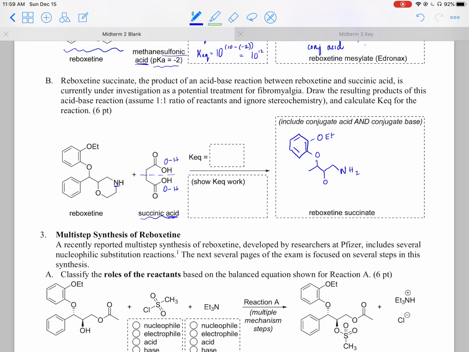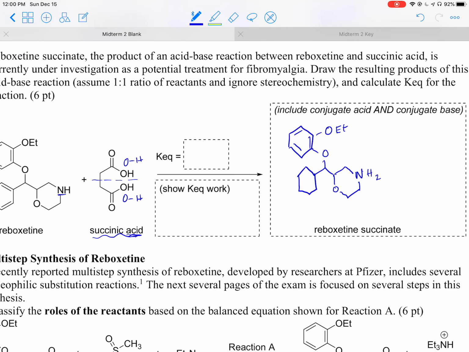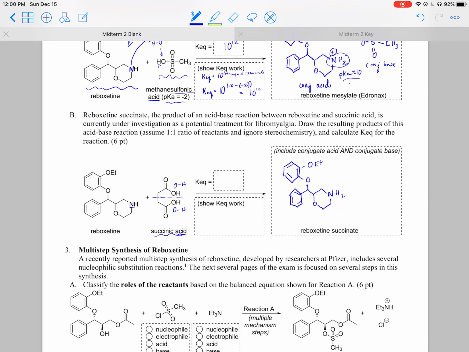H2 instead of H. And then we've got the benzene over here. Ooh, that's kind of wiggly. This is not pretty. And they drew the lines like this. Okay, I think that's everything.